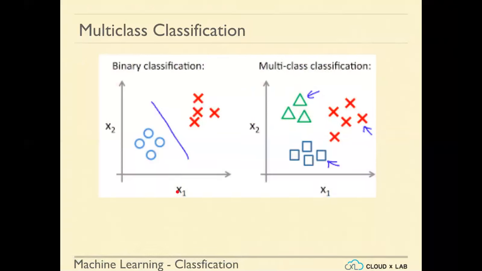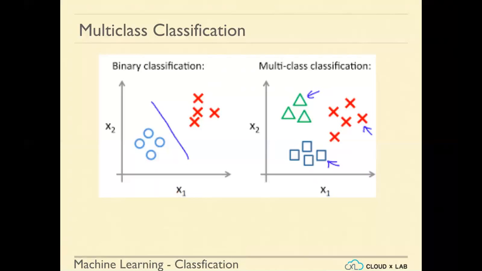So far what we learned was how to classify one from another, like binary classification. That's what we did. 5 versus not 5. Now, in other cases, we have multi-class classification. Multi-class is when you want to classify into multiple buckets.